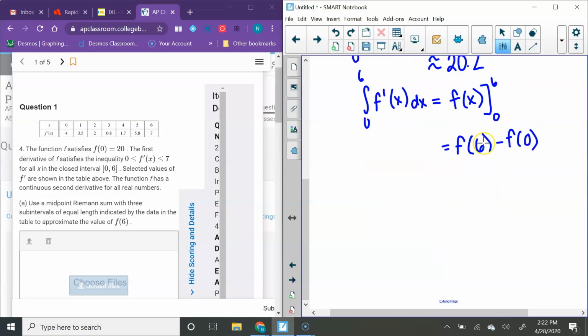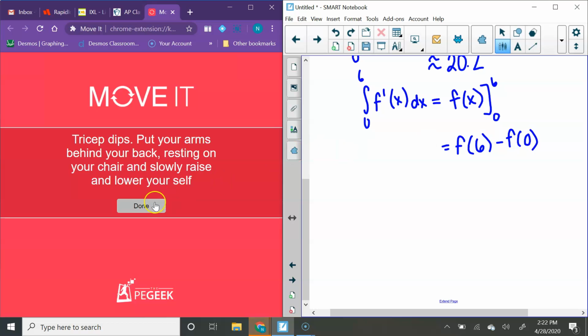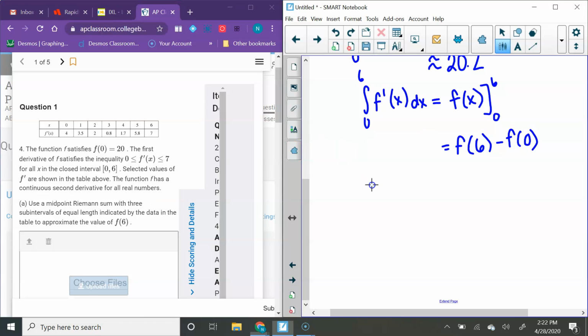So that would tell us that the area under the curve from 0 to 6 is equal to f of 6 minus f of 0, which would have to be approximately the value we just found with that Riemann sum, so approximately 20.2.